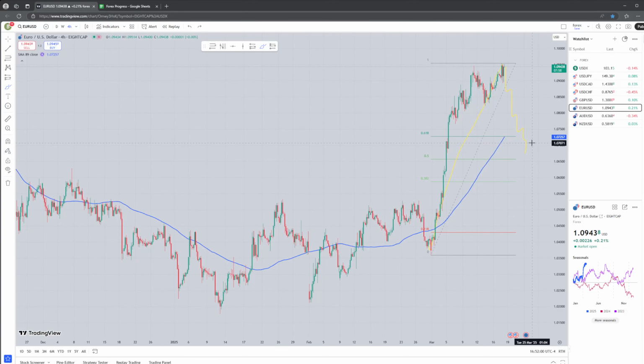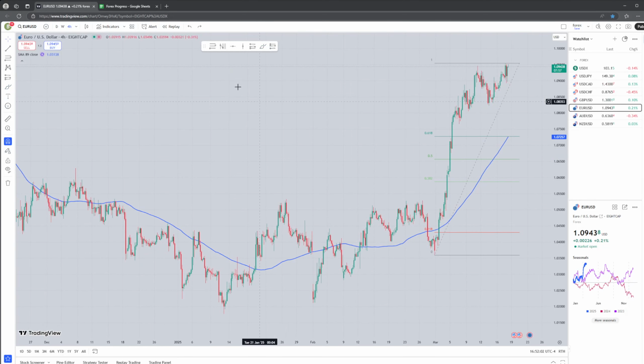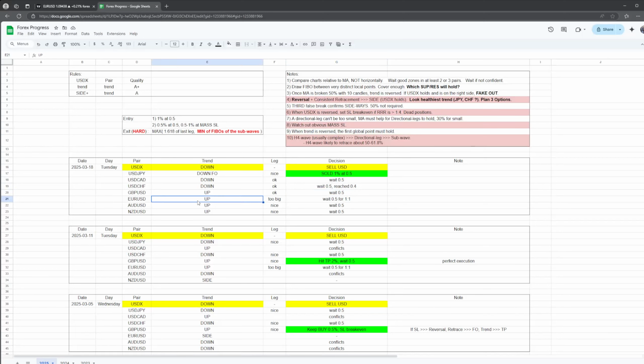Until that, it's better to wait. So Euro USD trend is up, leg size is too big, and we're gonna wait for the 50% retracement for a 1-to-1 trade opportunity.